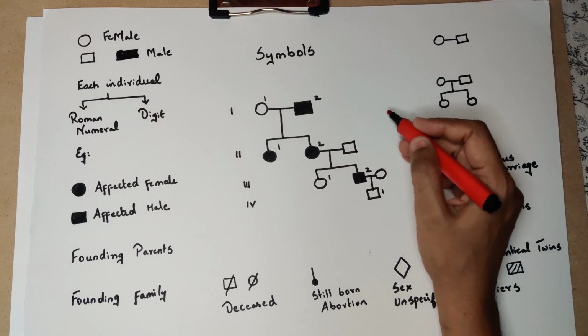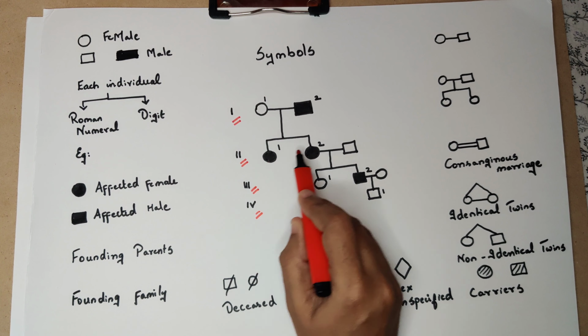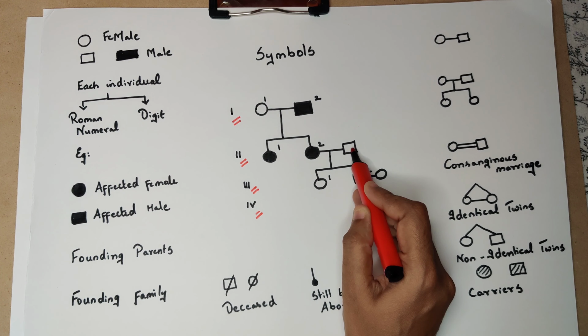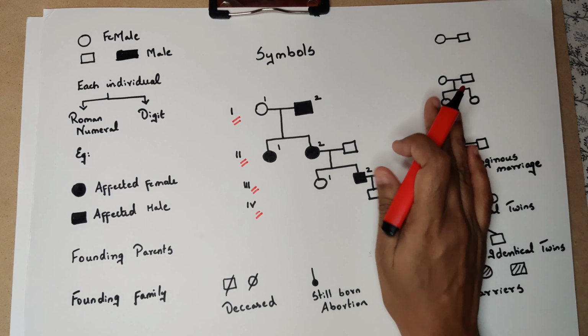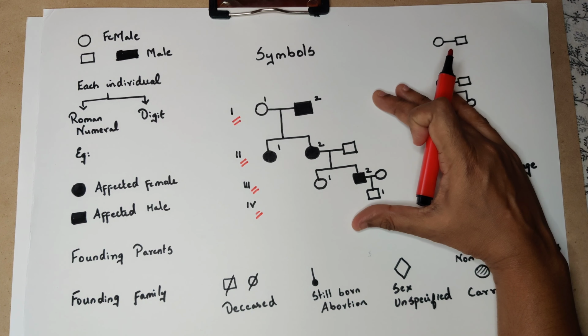In the first generation, you see a female and a male, and they give birth to 2 young girls, and when they grow up, one of them marries. In the next generation, this person's grandson is getting married and giving birth to a male child. So this is how a pedigree chart will look.